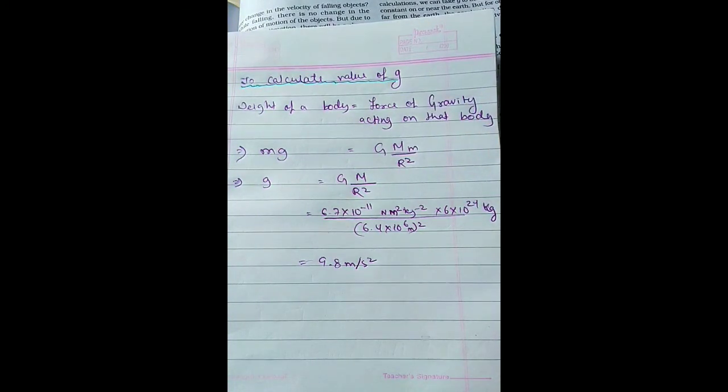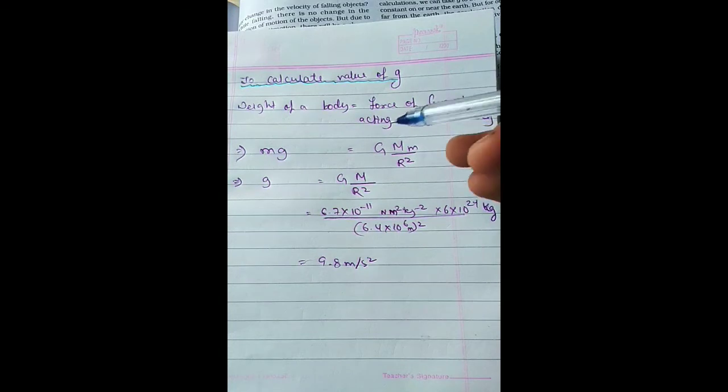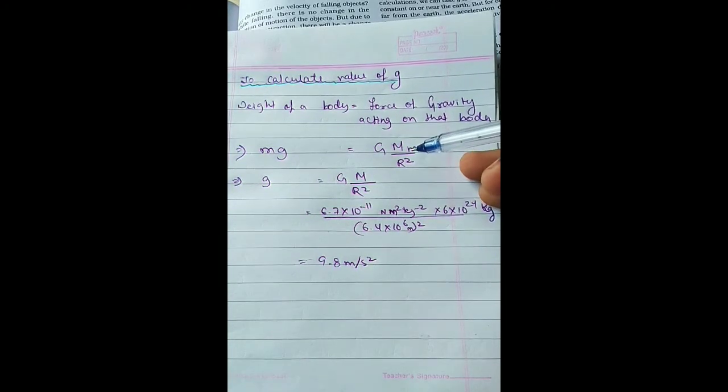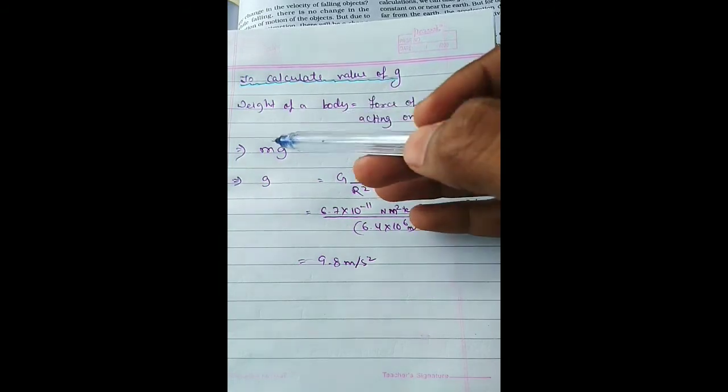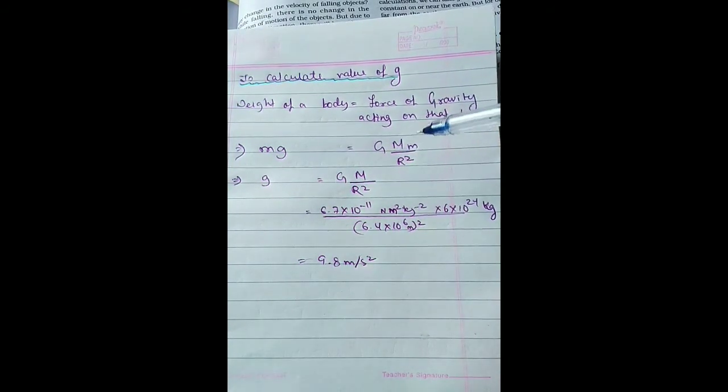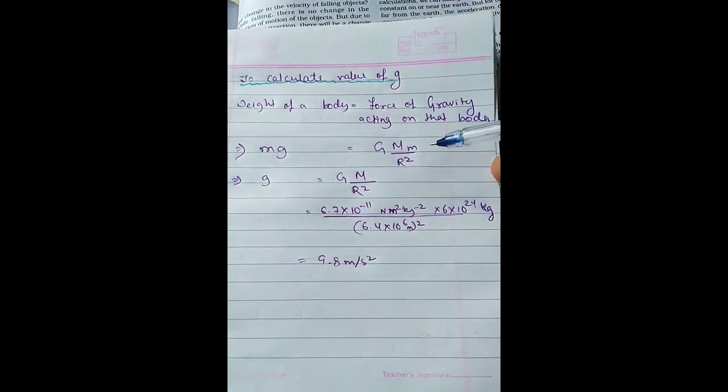Now from the law of gravitation, we know that the force of gravity acting on that body will be capital G, the gravitational constant, into mass of the earth into the mass of the object by r square. So mg must be equal to capital G into capital M into small m by r square.